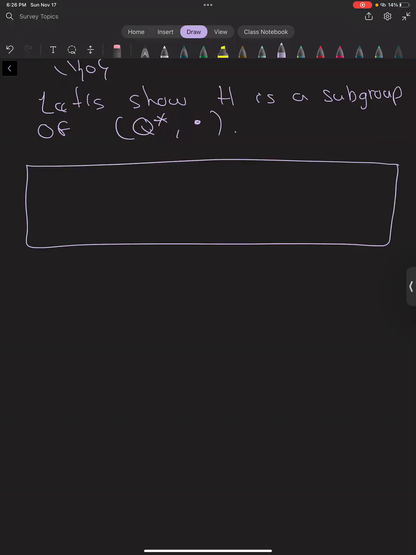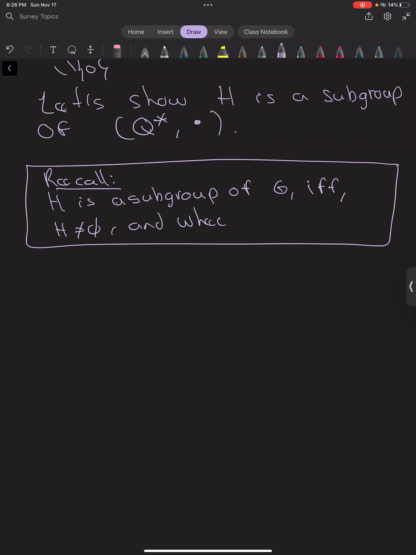We learned the proposition saying that, recall, H is a subgroup of G if and only if H is different than the empty set and whenever g and h belong to H, then g h inverse belongs to H.